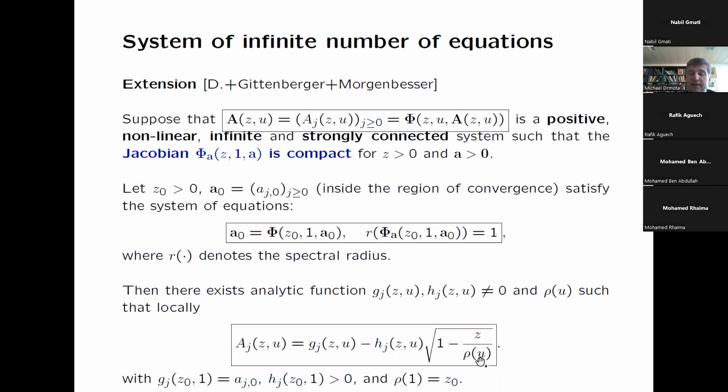And another main comment that I want to make is that the condition of the compactness is only necessary if the parameter has some special value. For example, if this value of this parameter is 1, you only have to check compactness if this value u is 1, and this will be important.